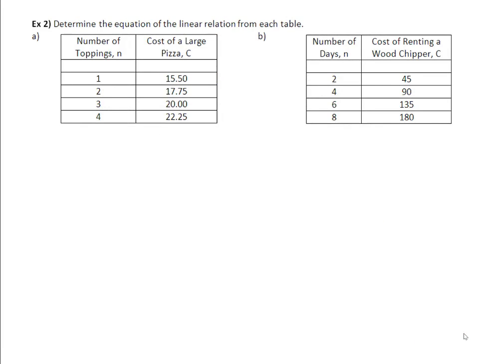So for our next example, example 2, determine the equation of the linear relation from each table. We actually have to work our way backwards to solve for the missing values, but this will also help us determine how to calculate our rate of change as well as our initial value. Well, we need our first value there because that will be our initial value. The way you do this is you figure out the difference in both the x and y values first.